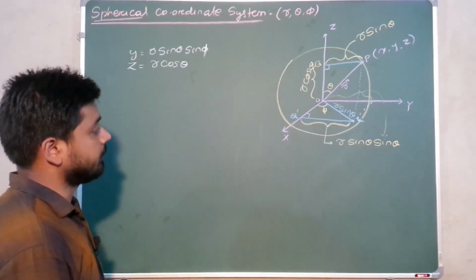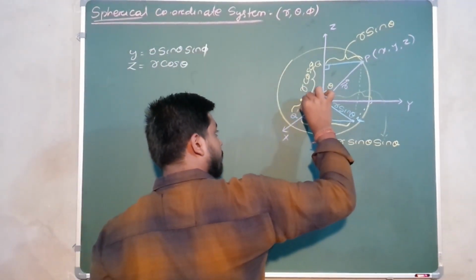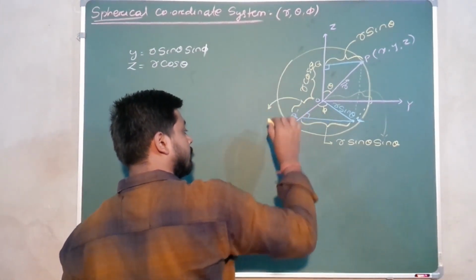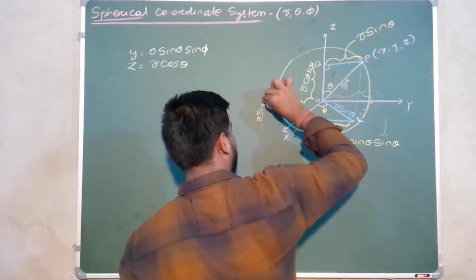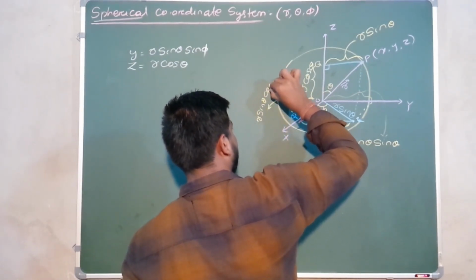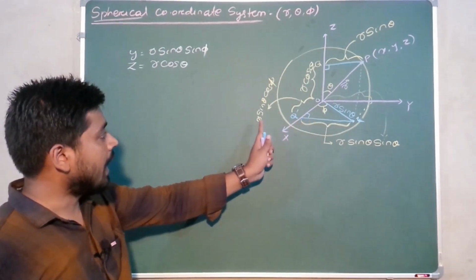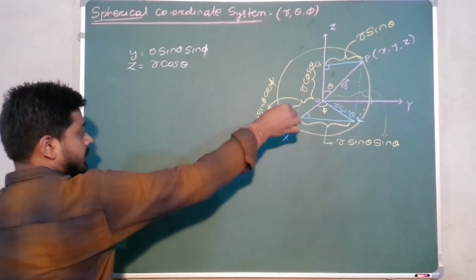Okay. Then this Q prime O is r sin theta cos phi. Yes or no? OQ prime is the base, so r sin theta cos phi. Okay. So here we have to write, this is along x.